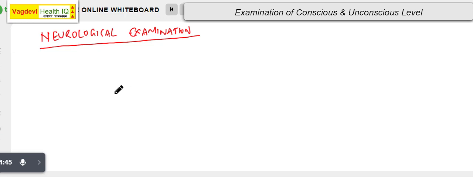Okay, so these things are based basically on the four levels of exam, three components of examination. And we have a 14-point scale.